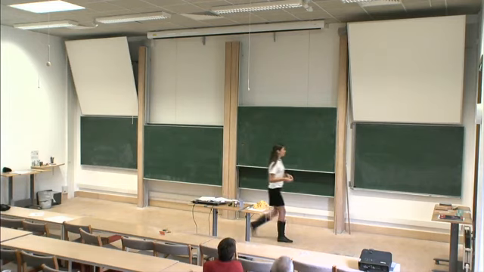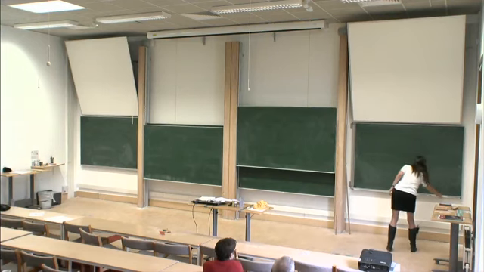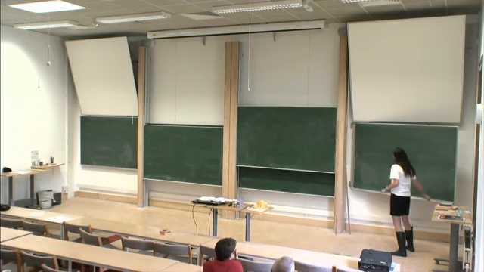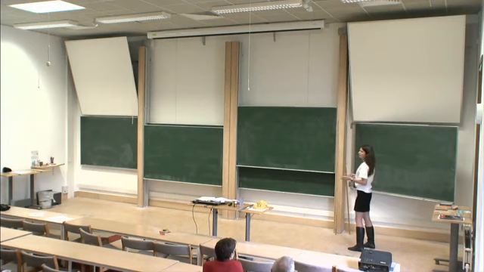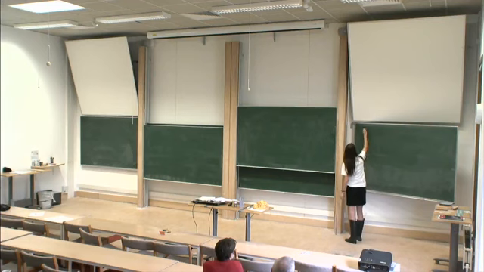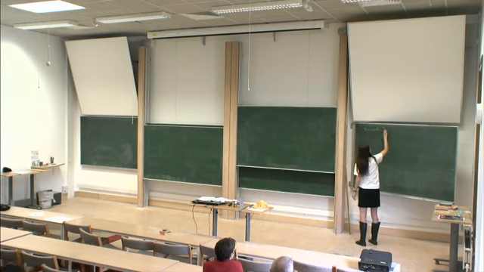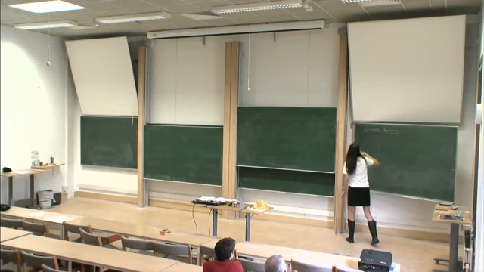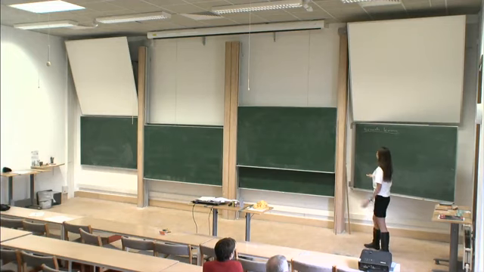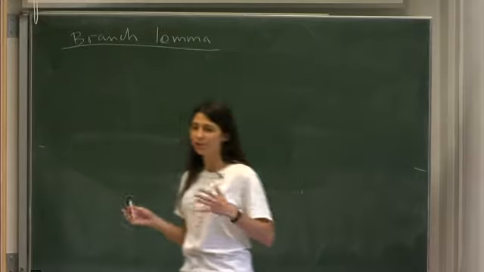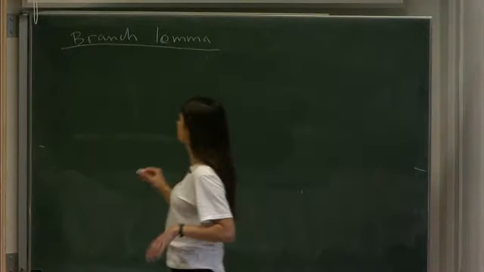So let me start with something about your prototypical, vanilla branch lemma. This is just a few sentences about the general way those branch lemma arguments go, in the abstract.